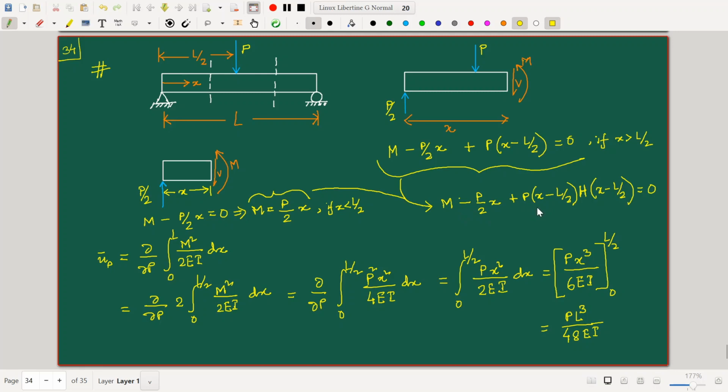Now this entire thing that I have written here can actually be captured by something called the singularity function, or something more familiar within the mechanics literature as a Macaulay bracket. Okay, so let me go to the next page.